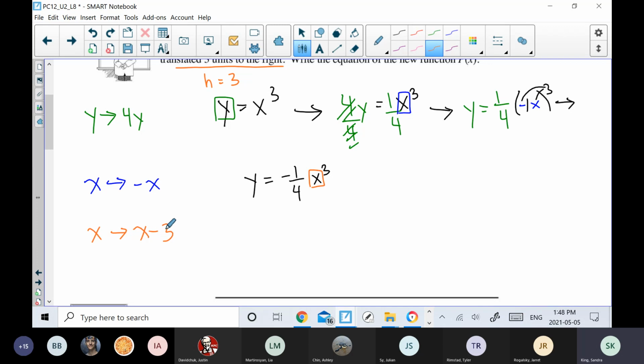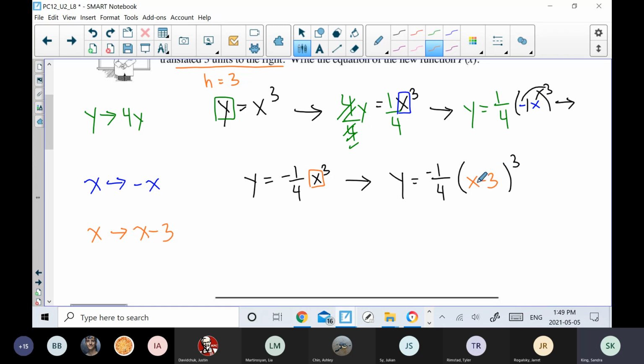Whenever I do an x replacement like that, this is going in a bracket. So that new equation is going to be -1/4, the cube is on the outside, that x comes out and x minus 3 goes in. I am done. I am not going to box this in though.